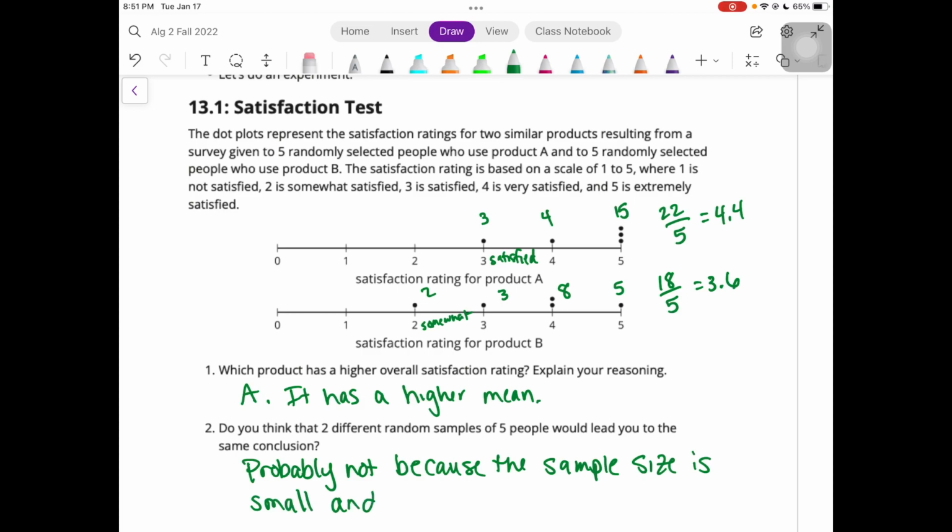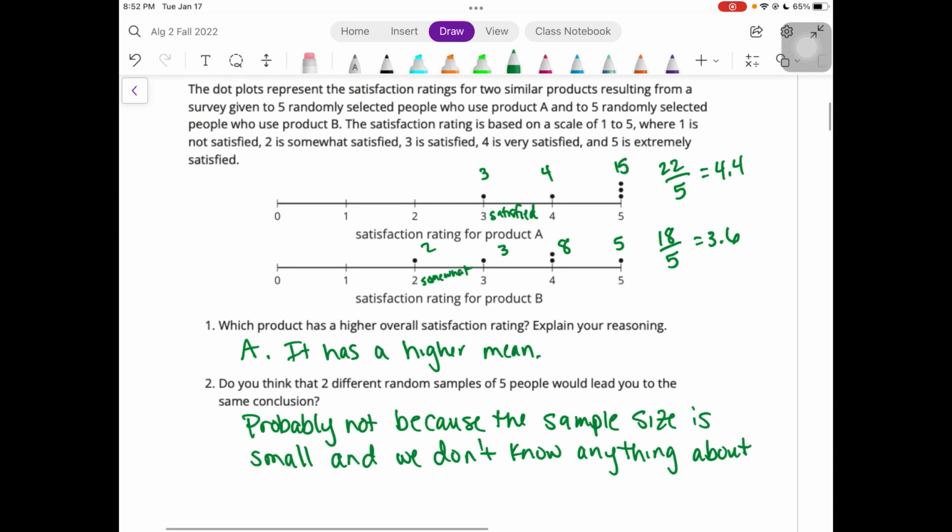And again, we don't know anything about the population. If we knew that the population was approximately normal, then that would be helpful. We might be able to get away with smaller samples, but we don't know anything.